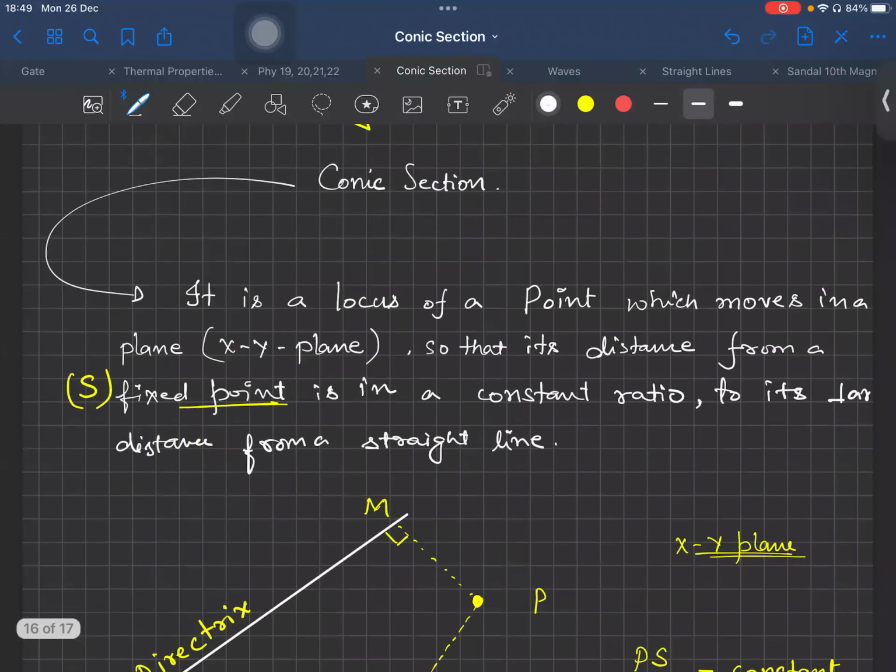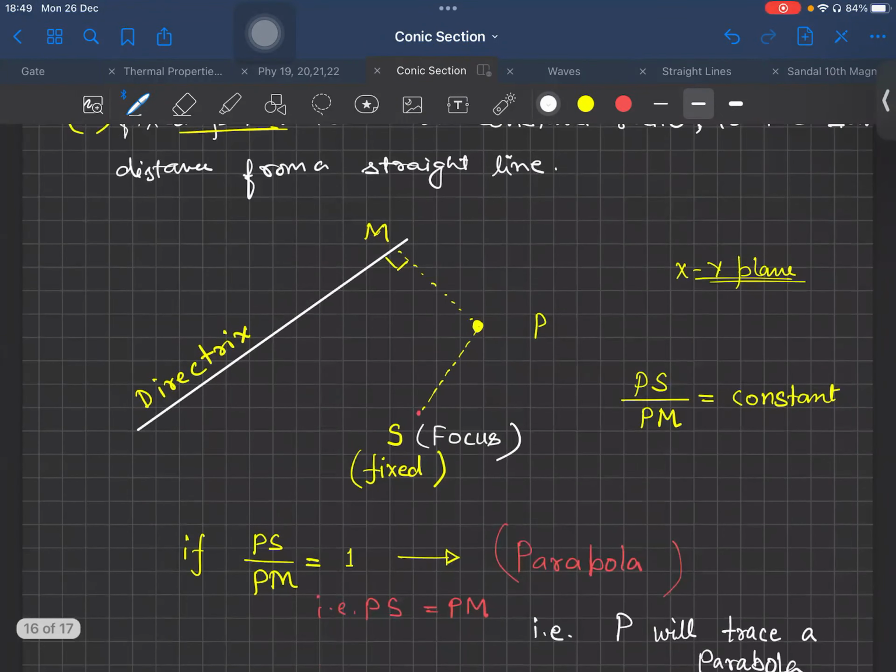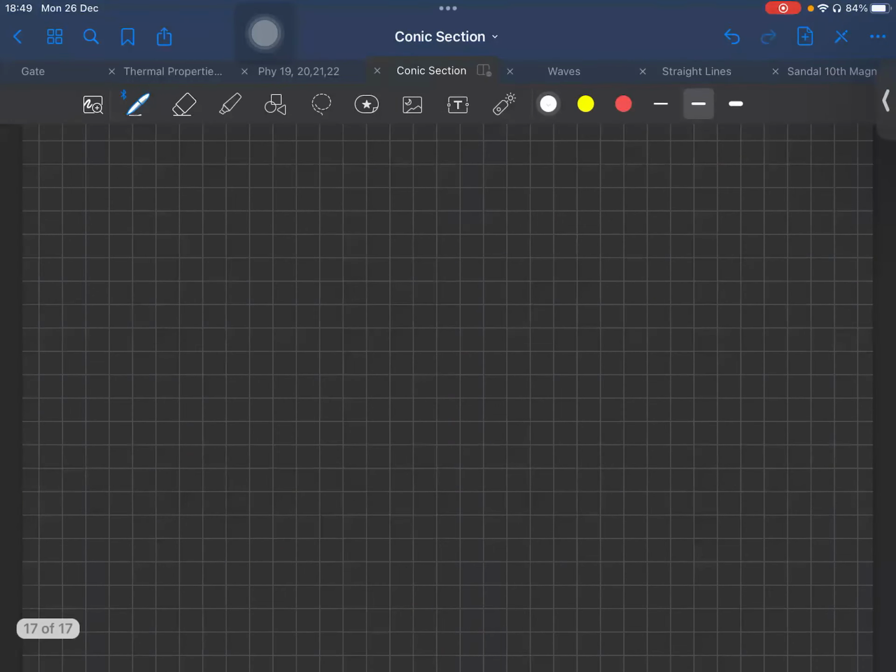Is it clear to you? Understood the meaning of conic section? It's a part of a cone, a 2D part of a cone. Okay, it's a section, and the ratio of this PS and PM is always a constant. And this line is called directrix, and the fixed point is called focus. Okay, now let's jump directly to parabola, because that is our first conic section.